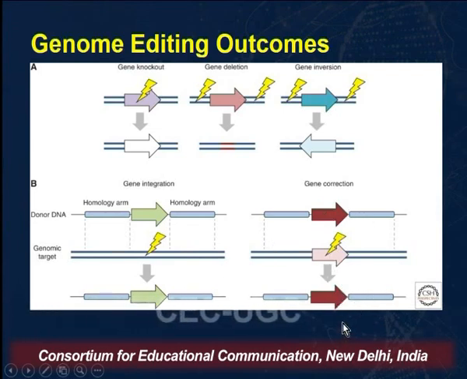What is happening here is that when a double-stranded break is created inside a gene and the function of the gene is abrogated, it is removed after the repair mechanism. When the gene is repaired in such a manner that its function is removed, then we create what is called a gene knockout. Or the entire gene is removed here. So the function is removed.